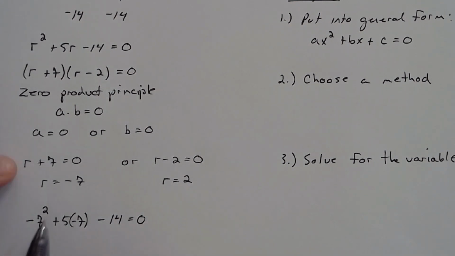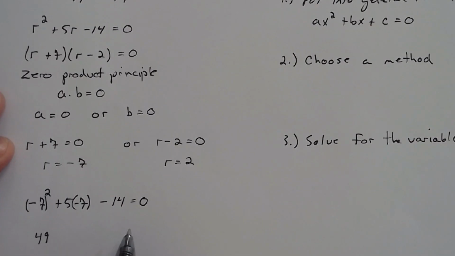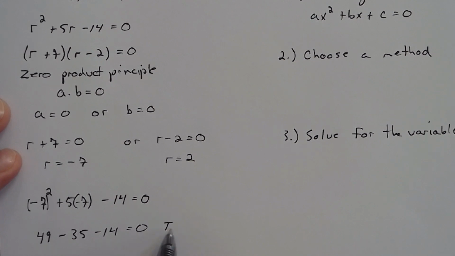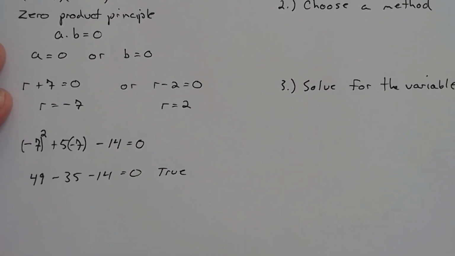So we have 49 minus 35 minus 14 is equal to 0. That is true. So r is equal to negative 7 is a solution.